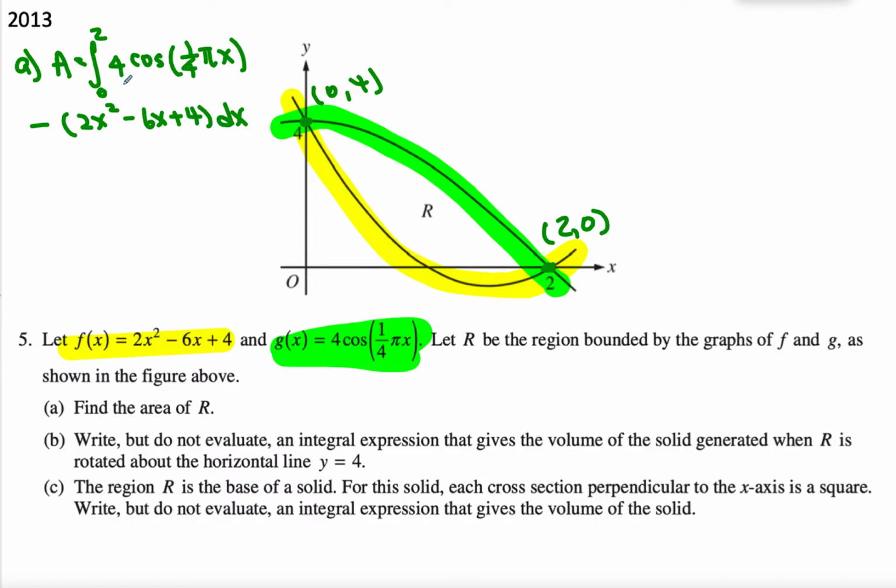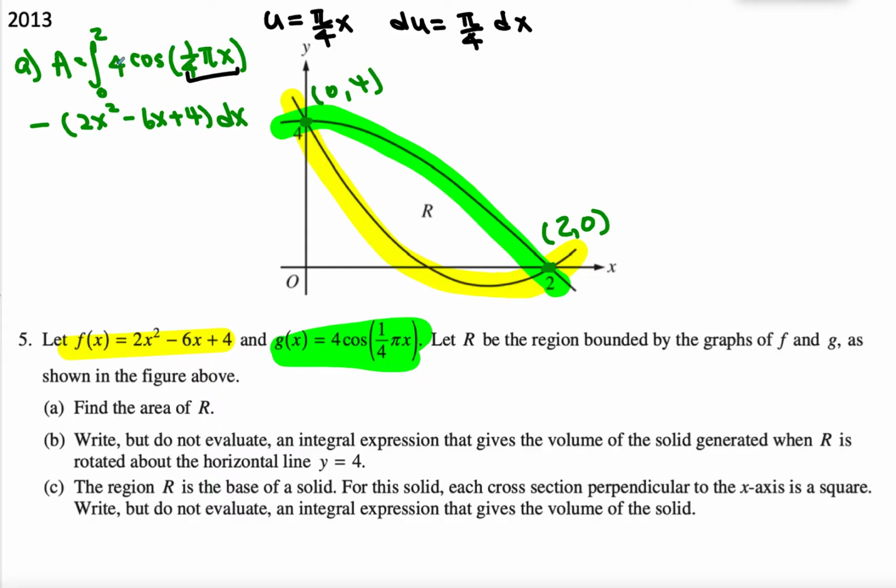Now, for the first one, I can let this one be my u. Then what do you end up getting? If you set u as pi over 4 x, then what is my du? du equals pi over 4 dx.